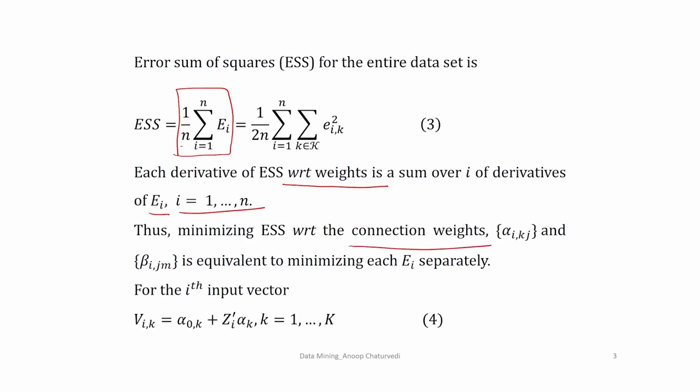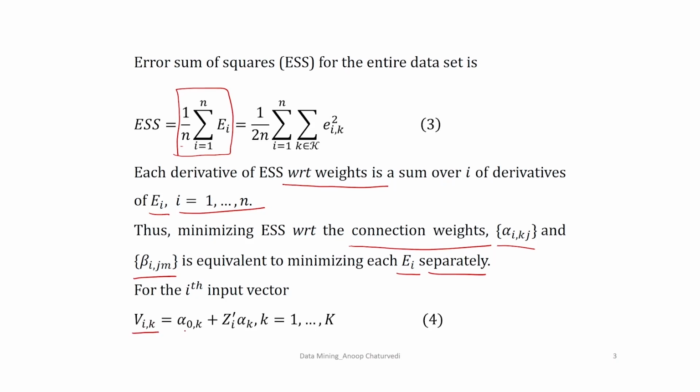Your connection weights are alpha_ikj and beta_ijm. And the minimization of ESS with respect to these connection weights is equivalent to minimizing each E_i separately, for the ith input vector.